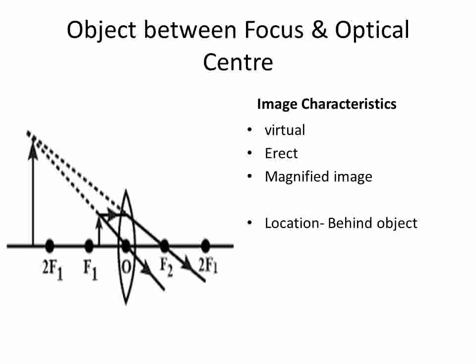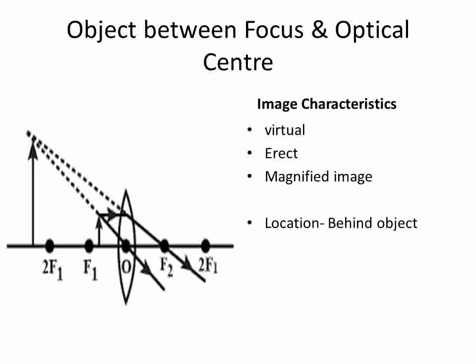Next, the third point: magnified image, larger in size, and this is also known as a magnifying glass. If you are using a magnifying glass in an electronics shop or the share market, it is a convex lens, and the object is placed between the lens and the focus.